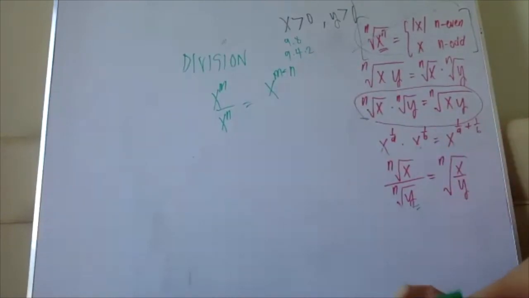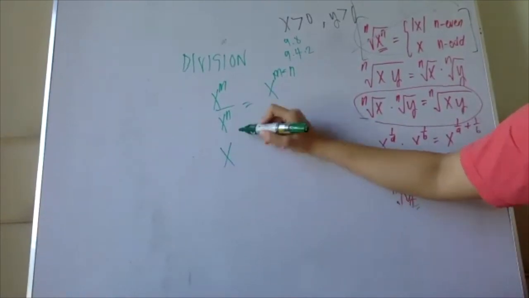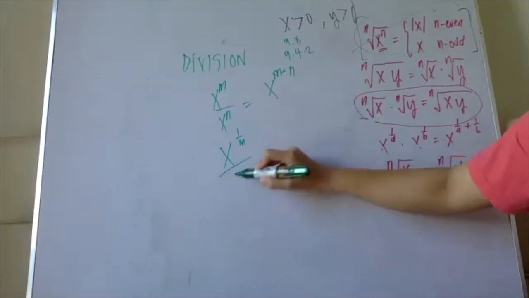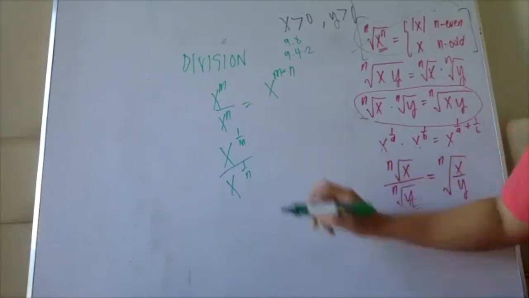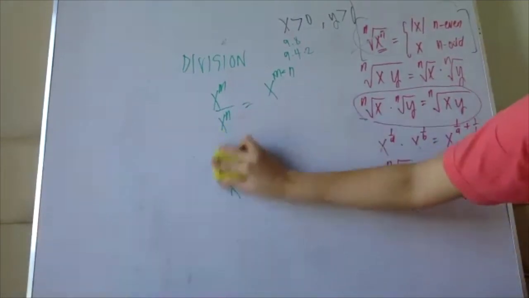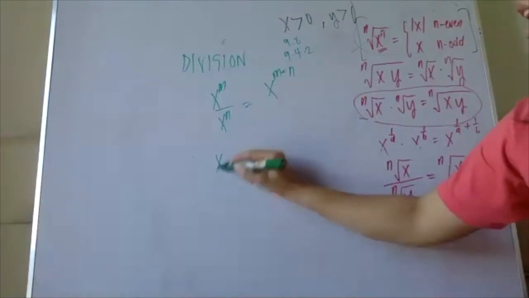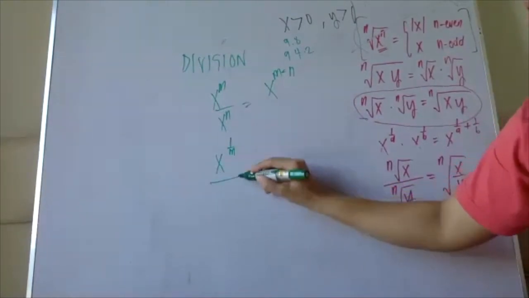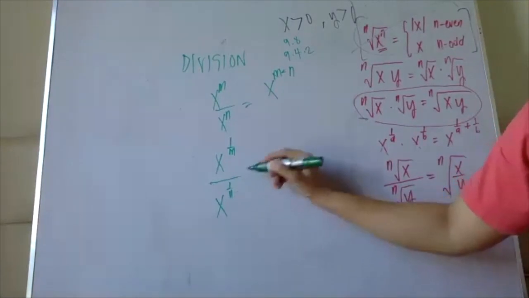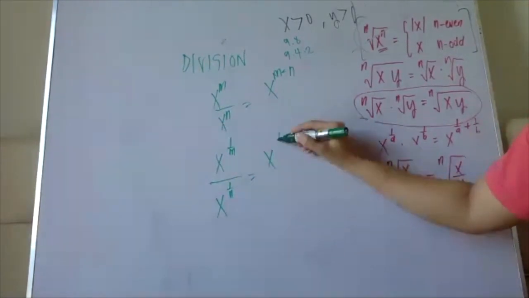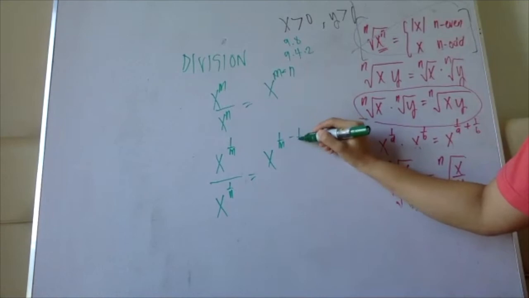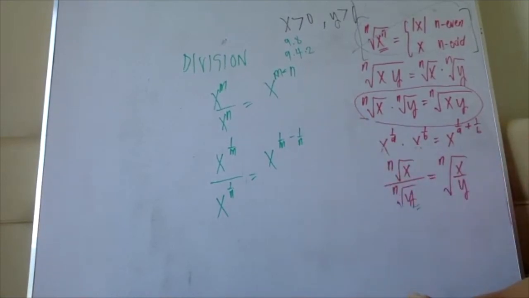Right? So, if we have x raised to 1 over m over x raised to 1 over n, that's equal to x raised to 1 over m minus 1 over n.